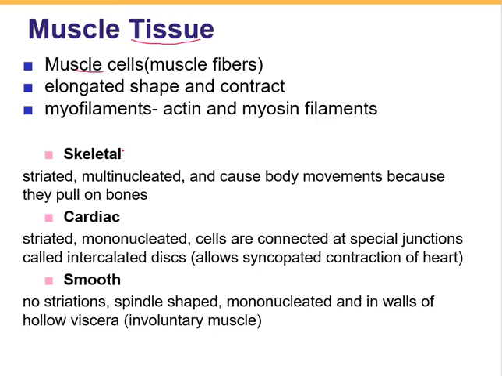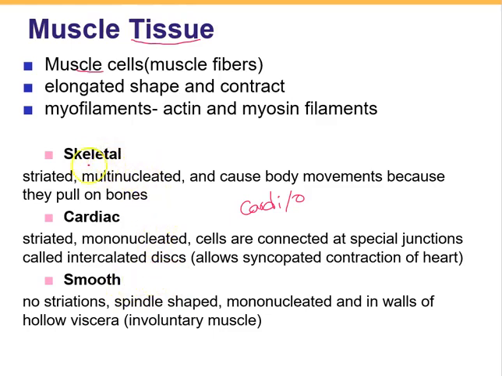So the muscle is connected to the bone via the tendon and makes movement of our body. Cardiac muscle tissue, as cardio means heart, is found in the wall of the heart. Smooth muscle tissue is found in the wall of hollow organs like stomach, esophagus, and trachea.